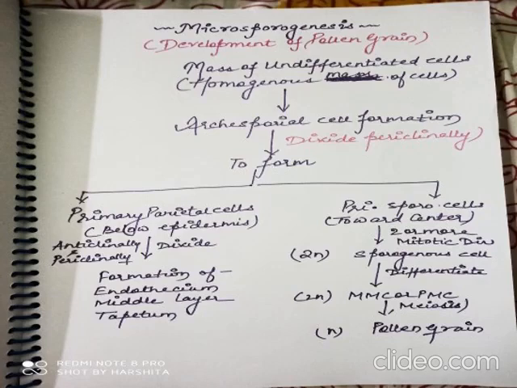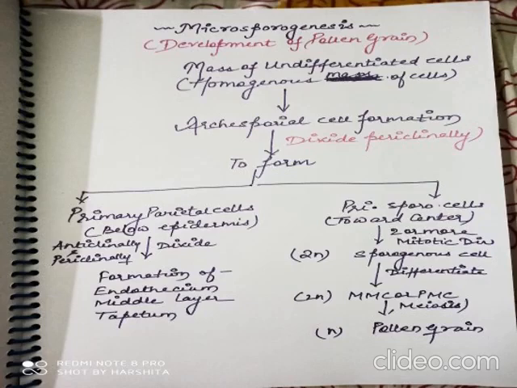First of all, if we go through an immature anther, we will find that these are an undifferentiated mass of cells, meaning you cannot differentiate each and every cell from the others.